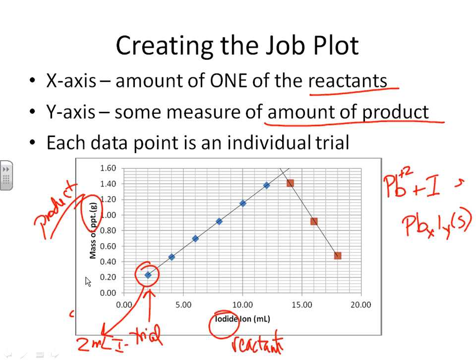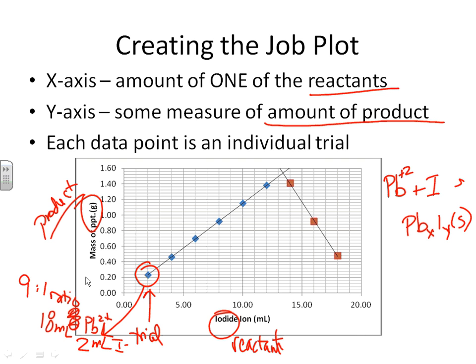They also had, I think it was actually, 18 milliliters of the lead. So they were reacting this at a 9-to-1 ratio. And what they're seeing with this very first point is that at the 9-to-1 ratio, you're not getting the maximum amount of product possible. They only got like 0.29 grams or so of the precipitate.